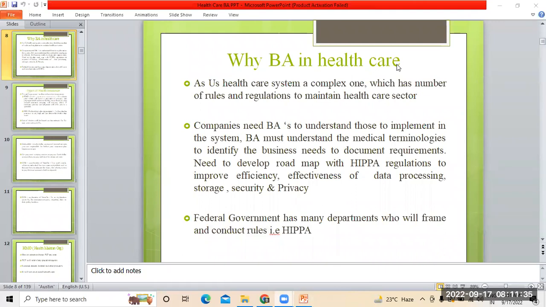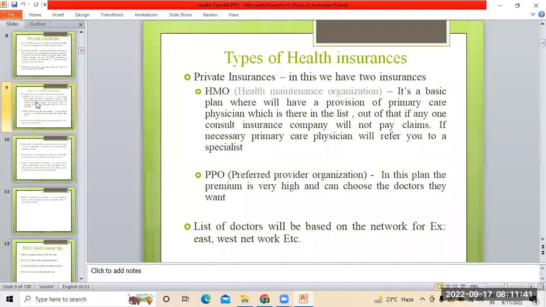And today we are discussing two different insurances. What do we have? One is HMO, as we call it, and the second is called PPO. HMO stands for Health Maintenance Organization, which is a basic plan, provided majorly with a provision to provide the services and everything by the physicians themselves. Whereas PPO is the Preferred Provider Organization.